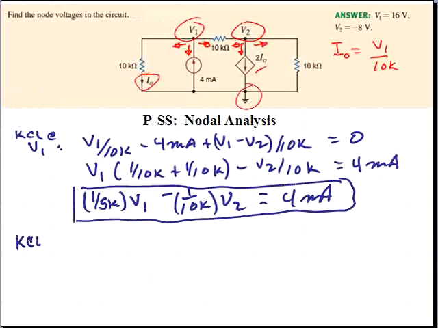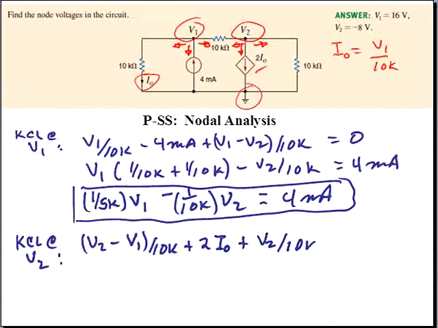Similarly, if we do KCL at the node voltage V2, we will have V2 minus V1 divided by 10K plus 2 I sub O for the dependent source plus V2 divided by 10K is equal to 0.